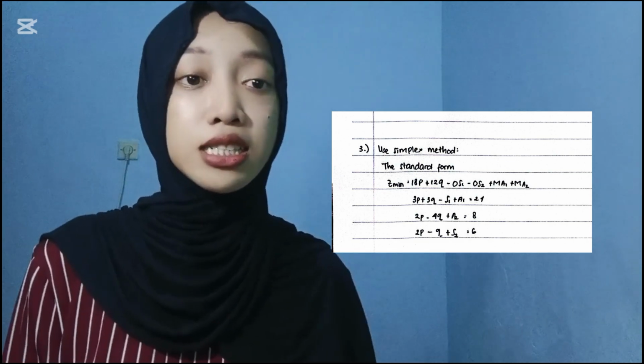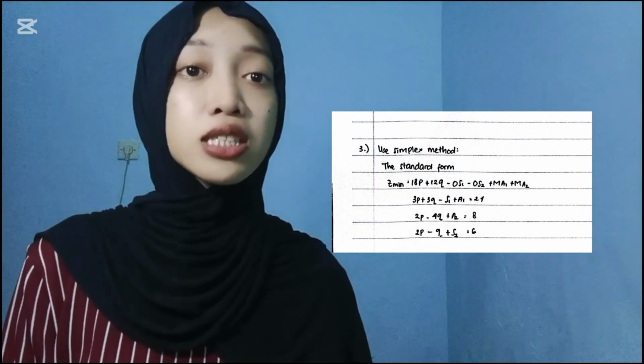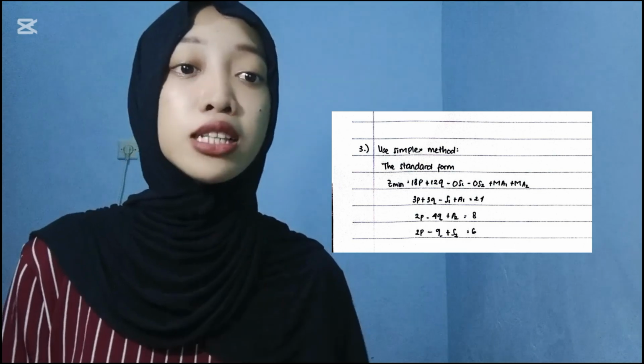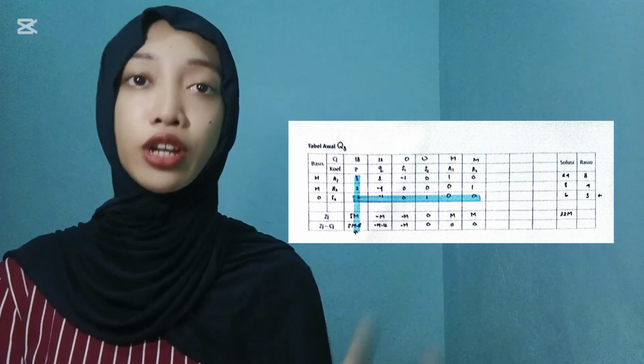So my mistake in this number is I did not add the a2 in the second constraint, so totally my iteration is wrong. Next step is iteration.